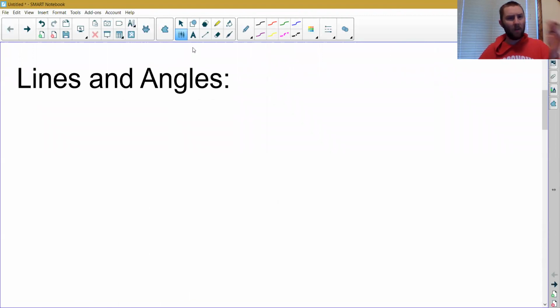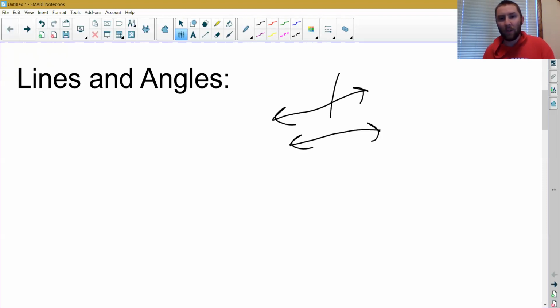and I guess a little bit in chapter 1 we talked more about some parallel and perpendicular lines and things like that. So in chapters 1 and 2 we talked a lot about lines and angles, specifically when we have two lines that are intersected by a third line we called a transversal. Right, so remember, we saw a lot of pictures like this.